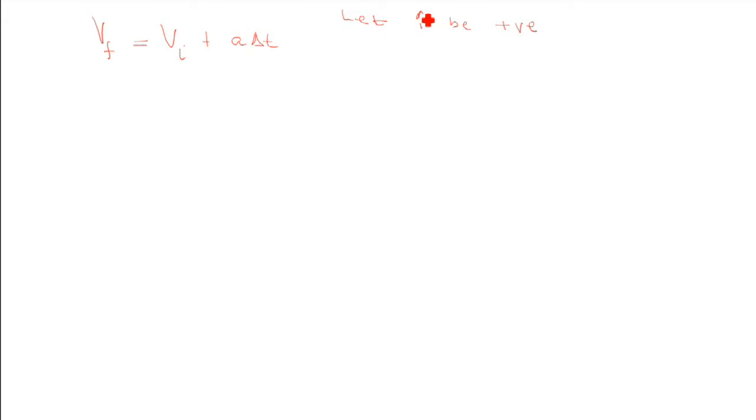I'll write it so that you are able to see. Let upward be positive. That makes sense. Upward motion is taken to be positive. Okay, fine. Then I choose VF equals VI plus a delta t.